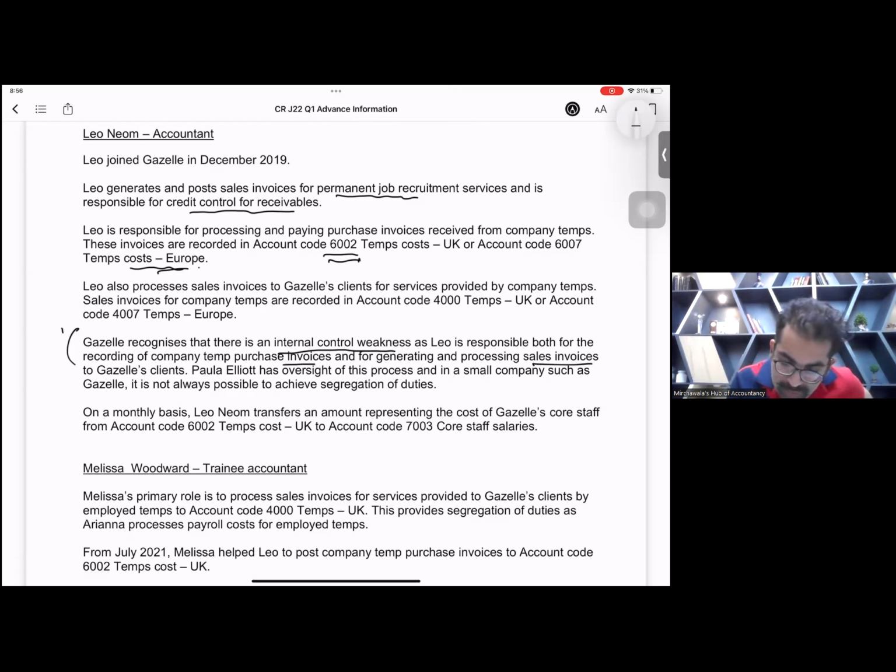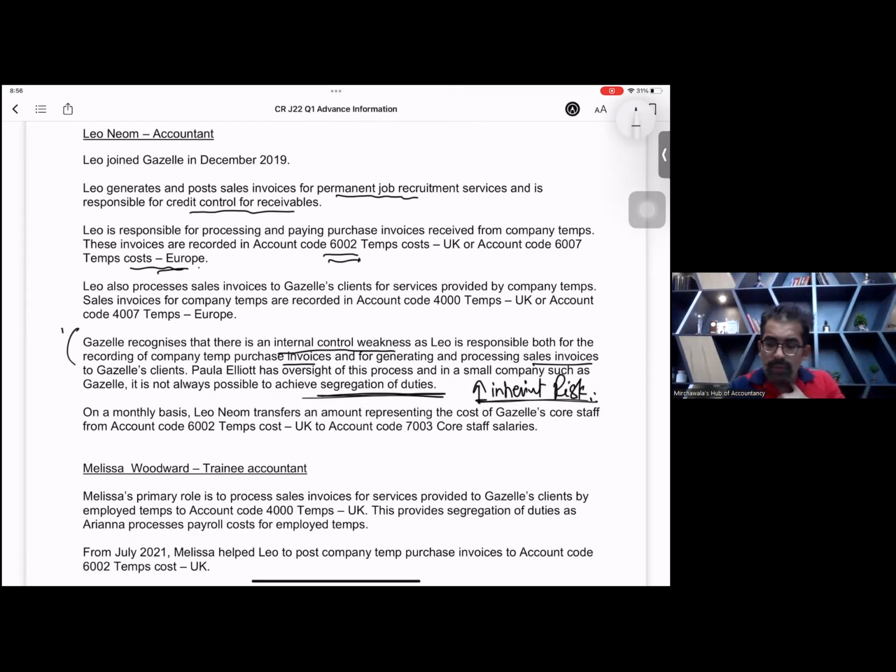Paula has oversight of this process, and in a small company such as Gazelle, it is not always possible to achieve segregation of duties. That means one person is doing multiple jobs. So there is lack of control, and this increases the inherent risk. In the exam you may see things like that.